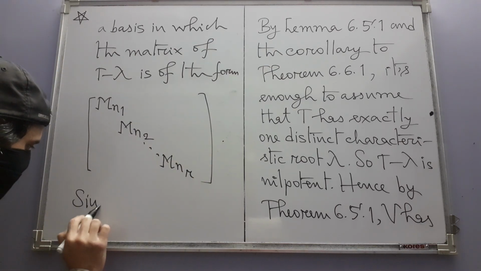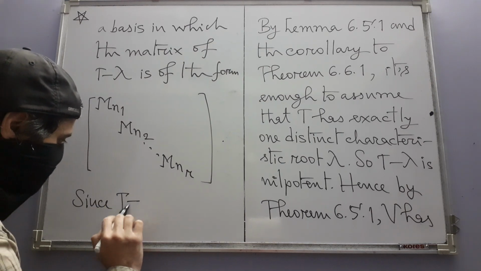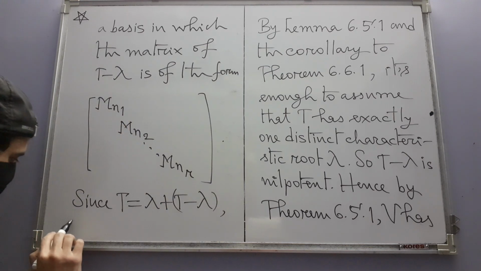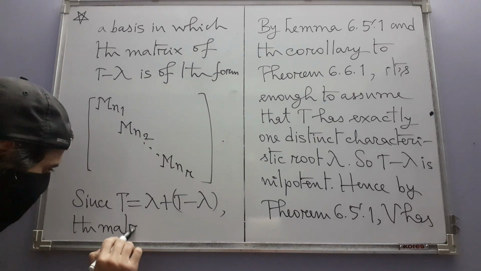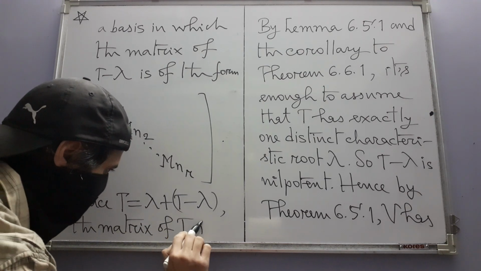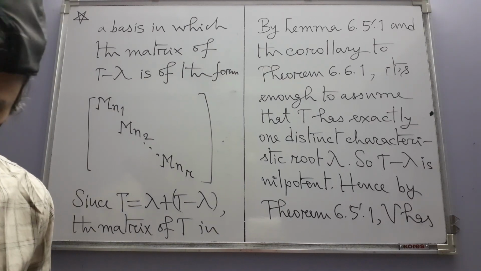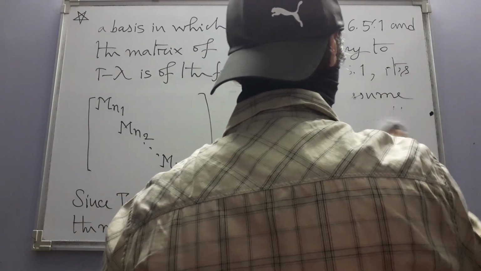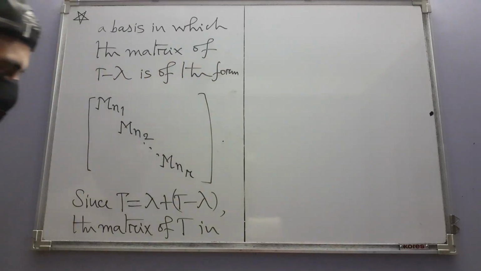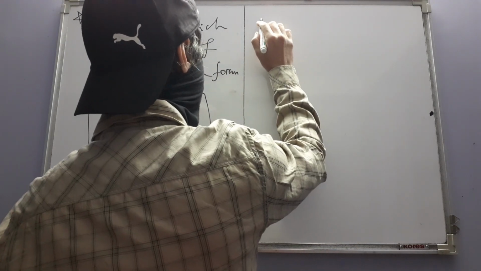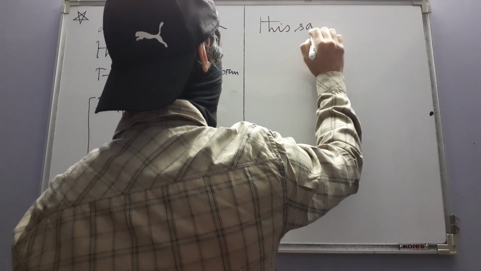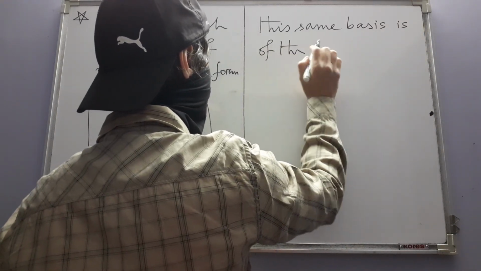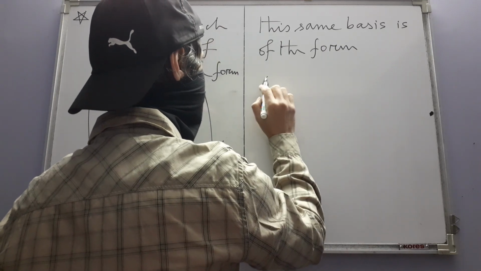Since T is equal to lambda plus T minus lambda, the matrix of T in this same basis is of the form this.